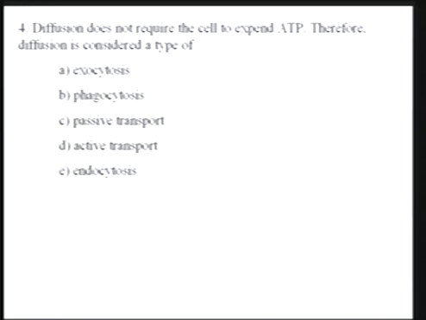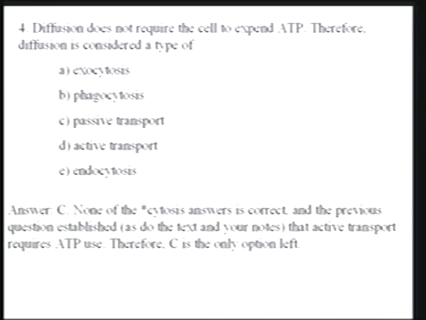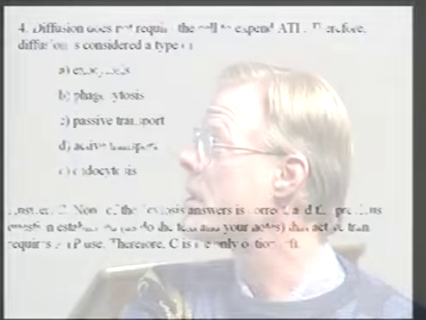In addition, you know that A, B, and E all involve large-scale movements of material, and they do require energy use. All right, so none of those cytosis answers is correct. Active transport requires ATP, so you've only got one answer left by process of elimination, and you know C is the only option that's available to you. Okay, so by process of elimination, you're able to figure out what the correct answer is.